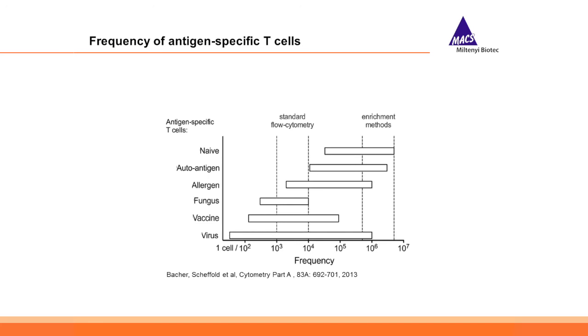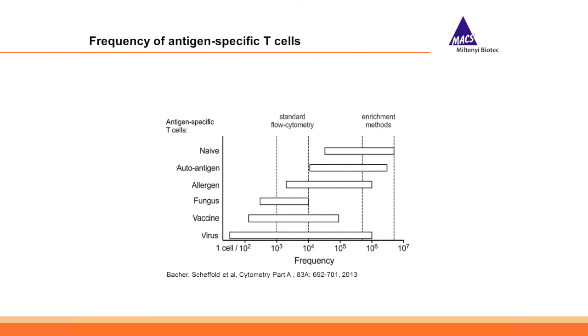For example, cells against an allergen can be slightly more frequent. So in a chronic allergy it can be something around 1 cell in 5 times 10 to the 3 blood cells, down to 1 cell in 1 million blood cells. For vaccine development it can be a little bit higher, depending on when you boost it: 1 cell in 100 down to 1 cell in 10 to the 5.